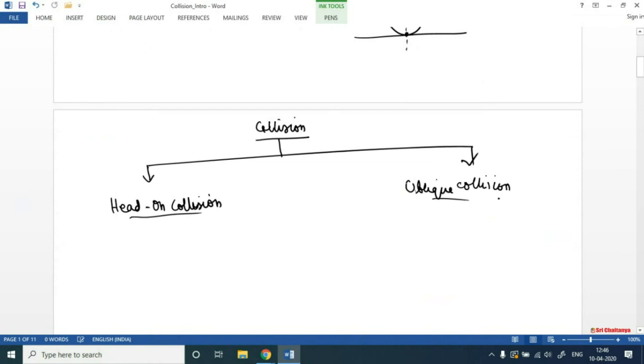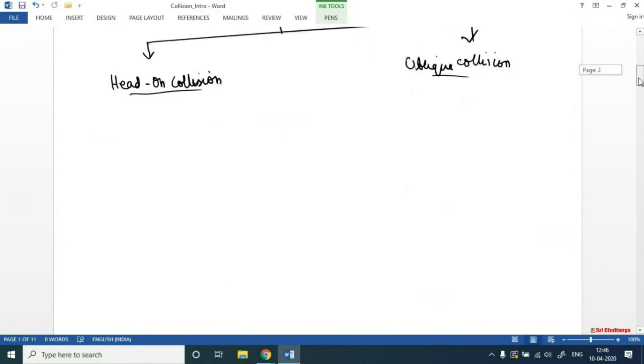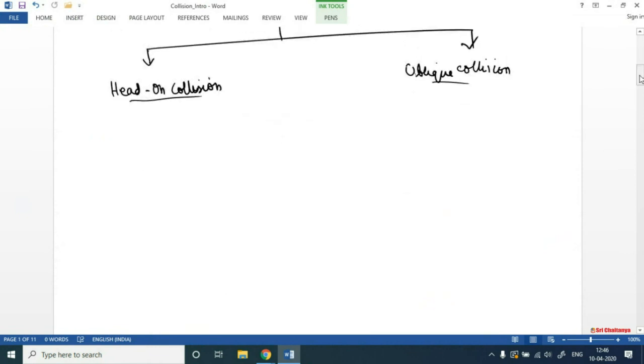Let me describe the difference. Let's say there are two colliding bodies, and obviously this here would be the line of impact. If the velocities of the colliding bodies before and after the collision are along the line of impact, then we are talking about head-on collision.